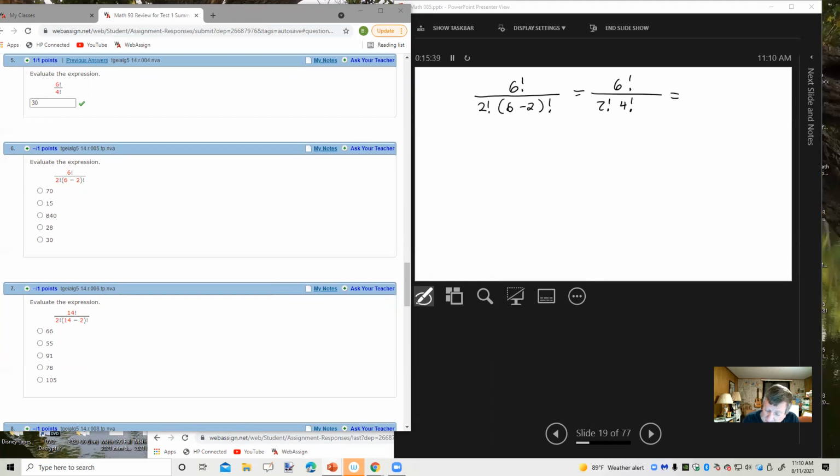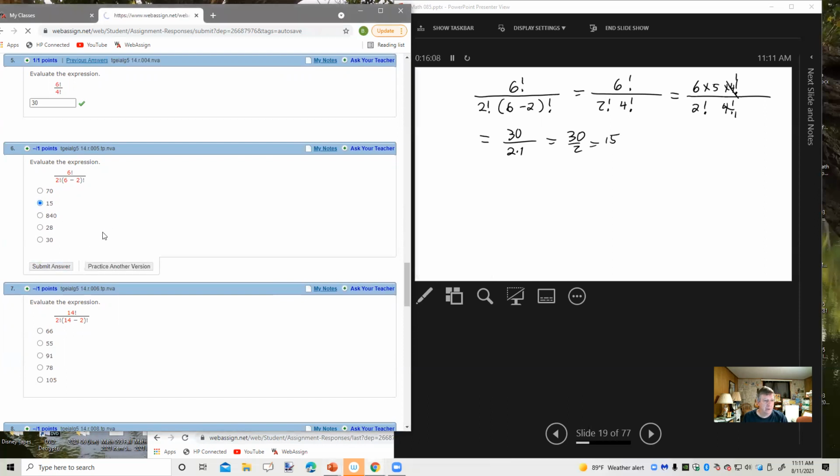I can do the same thing I did on the last problem, and that is I can write 6 factorial as 6 times 5 times 4 factorial. And on the bottom, 2 factorial times 4 factorial. Now I can come in and reduce out the 4 factorials. So I've got what? 6 times 5 is 30 over 2 factorial, which is 2 times 1. 30 over 2 is 15.